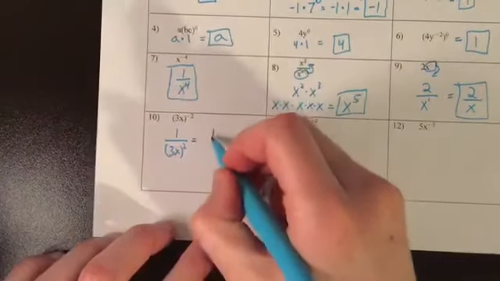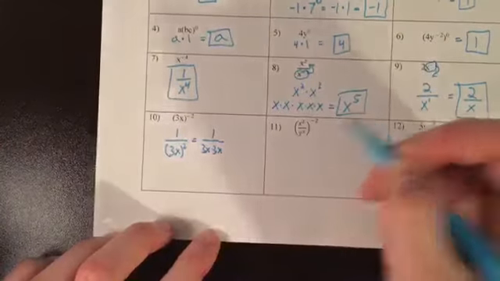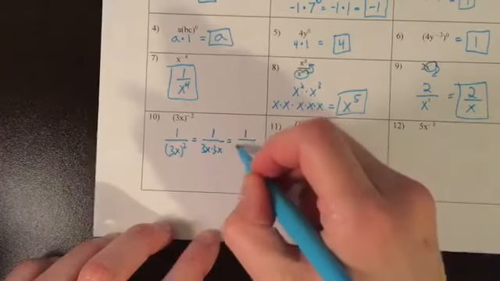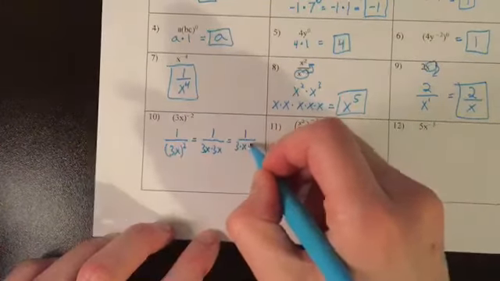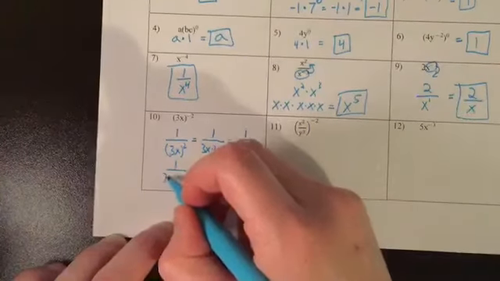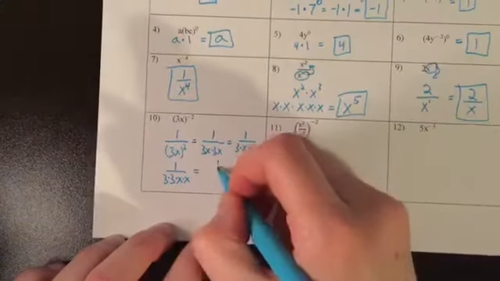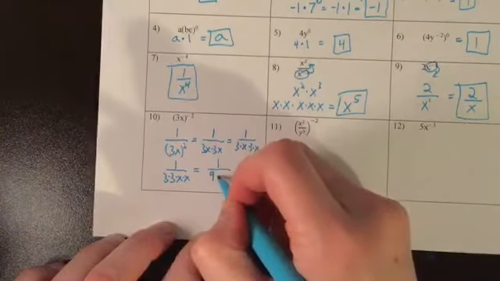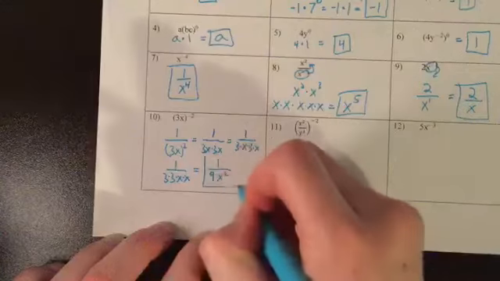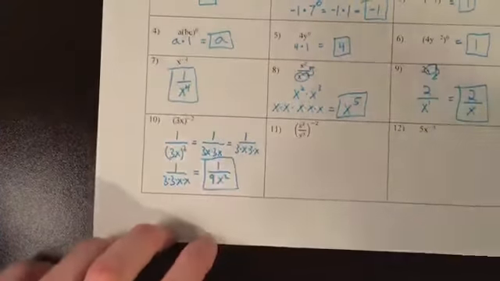That's really going to be 1 over 3x times 3x. Let's expand again. 1 over 3 times x times 3 times x. Let's use our commutative property. 1 over 3 times 3 times x times x. That's going to be 1 over 9x squared. That's beautiful. Just step by step, step by step.